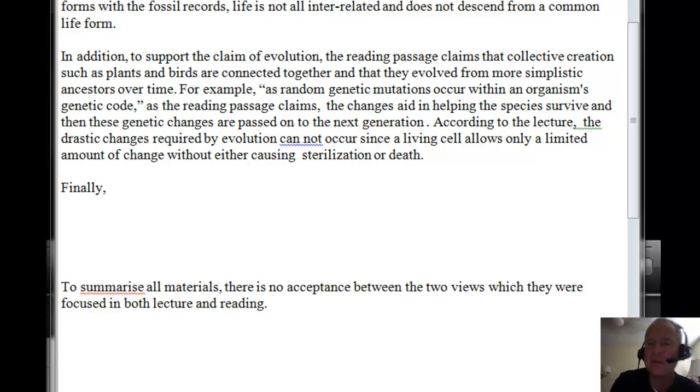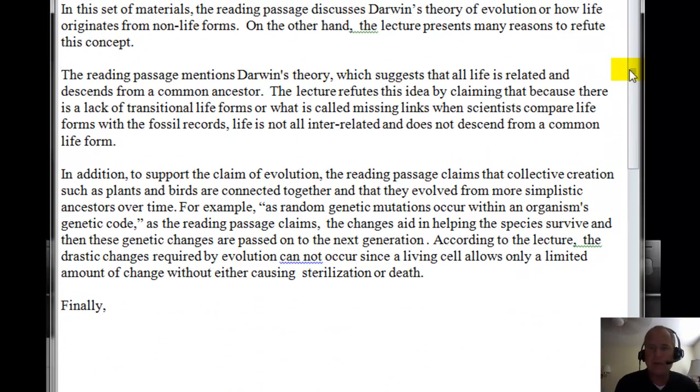You should select maybe 3 key points from the lecture that disagree with 3 key points from the reading. So let's look at one other idea that we can find in here.